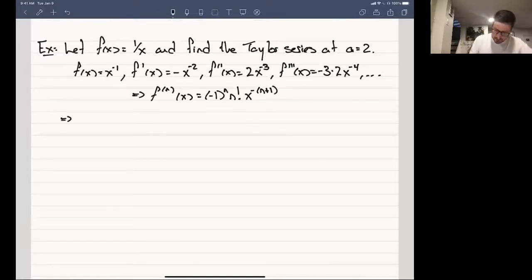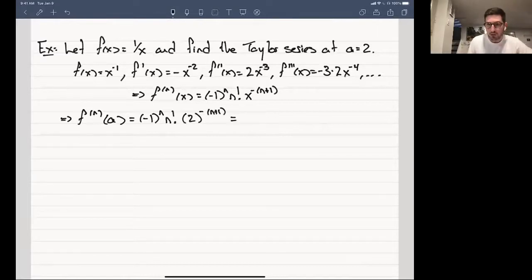And this implies that if I evaluate this at a, I have minus 1 to the n times n factorial, and then 2 to the minus n plus 1, which I can clean up a little bit. I get minus 1 to the n times n factorial divided by 2 to the n plus 1.